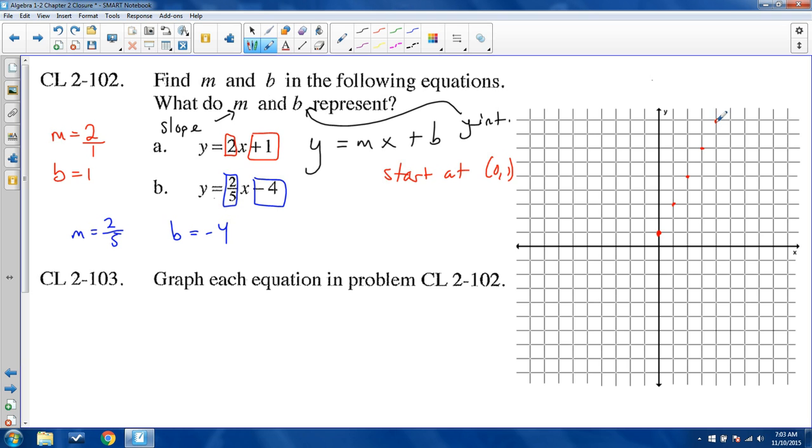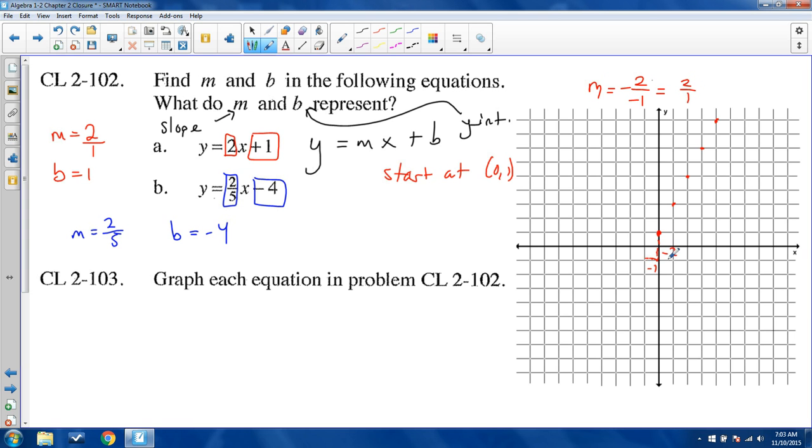Now it also goes in the negative direction, and this is where things get iffy if you're not too familiar with fractions or the slope idea. Going down 2 is going negative 2. Okay, I fell 2. Now I'm going to run to the left 1. That run is negative. So a slope of negative 2 over negative 1 is the same thing as positive 2 over positive 1.